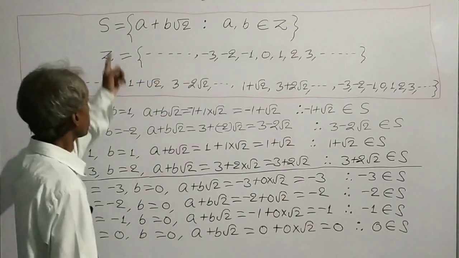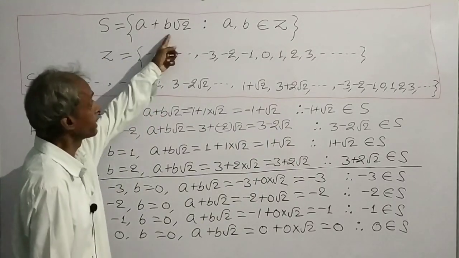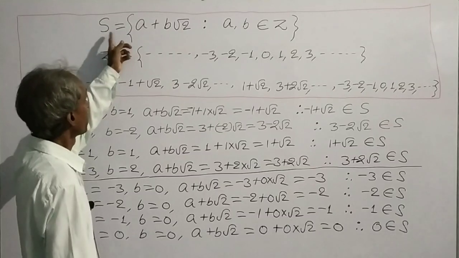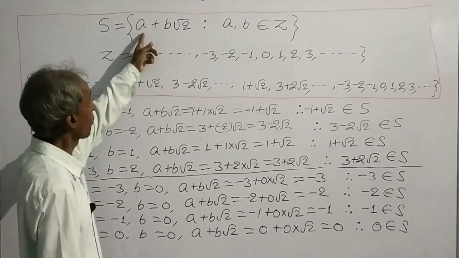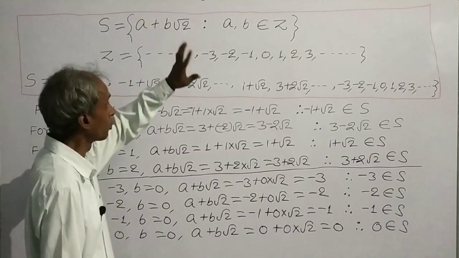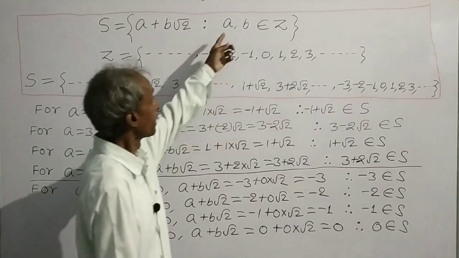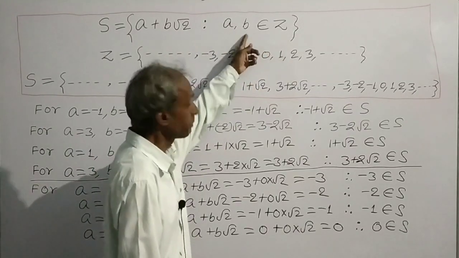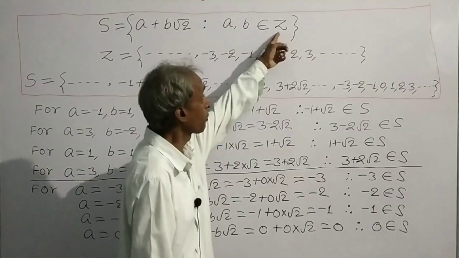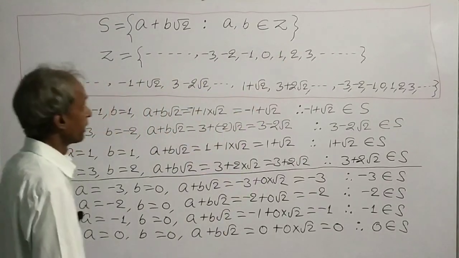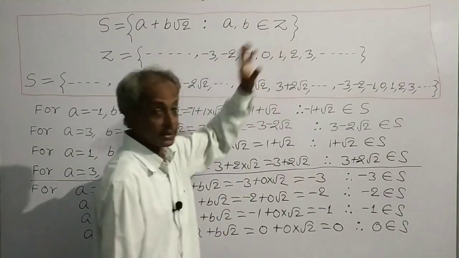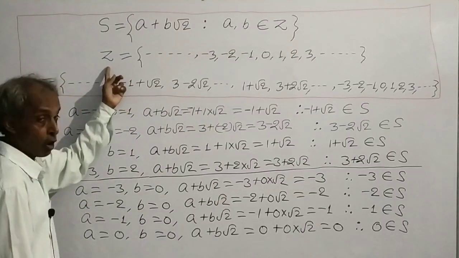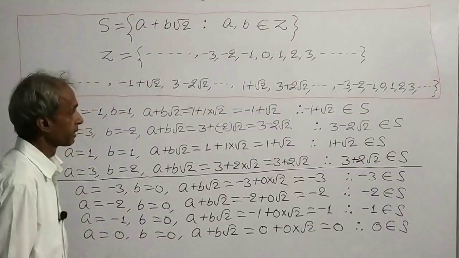this set is given. S is equal to the set of a plus b root 2, where a, b belong to Z. That means a, b are elements of set Z. Z is the set of integers.